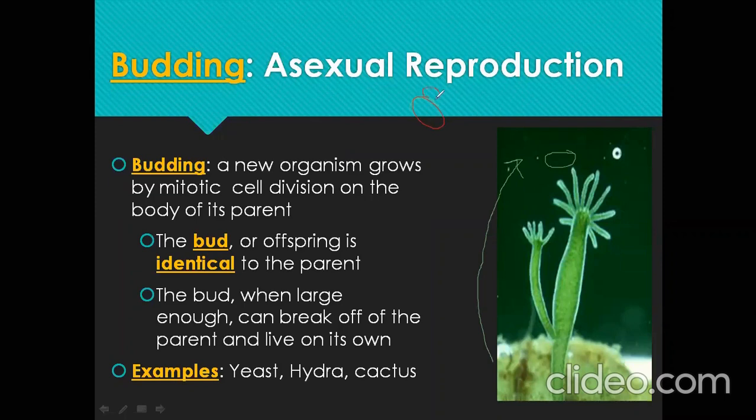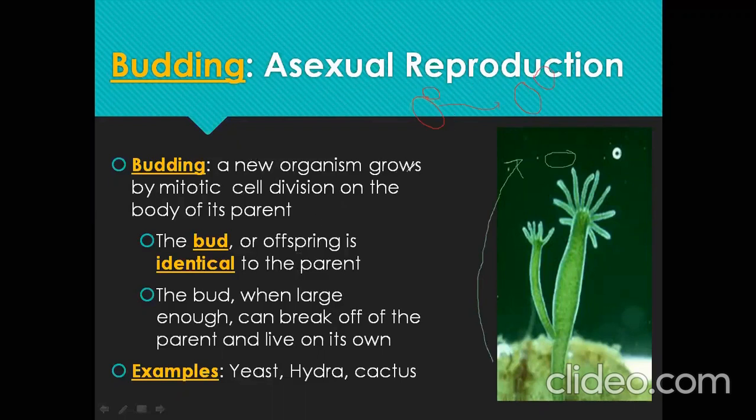That small outgrowth is called a bud, B-U-D. Now this small outgrowth will detach from this yeast, and this outgrowth will become an individual yeast. So this is the example of budding, right?